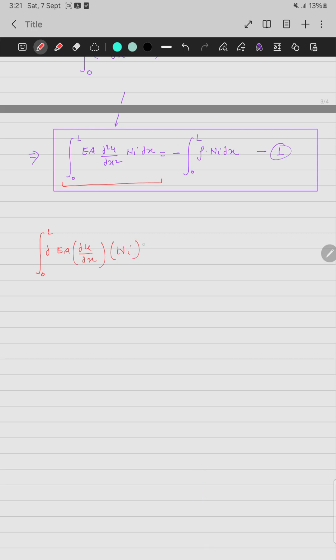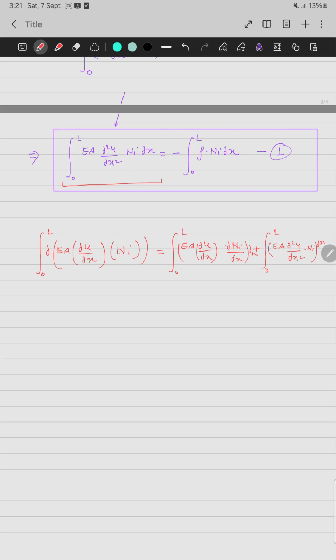This whole term we can write as the integral from 0 to L of EA del u by del x times del Ni by del x, plus the integral from 0 to L of EA del 2u by del x2 times Ni, with dx in both.